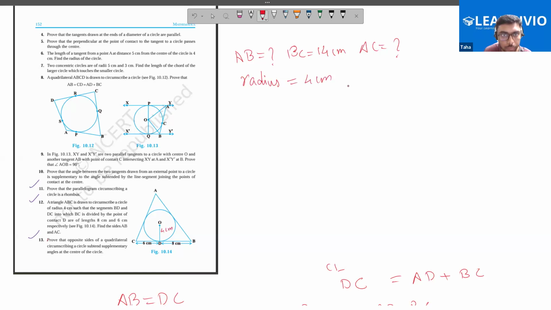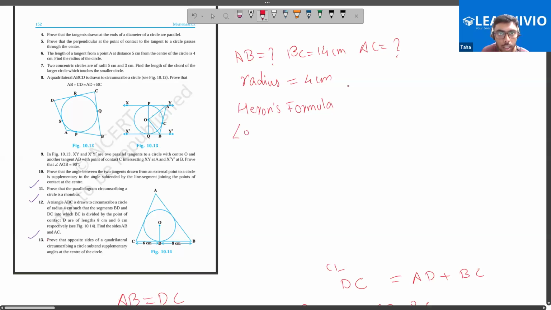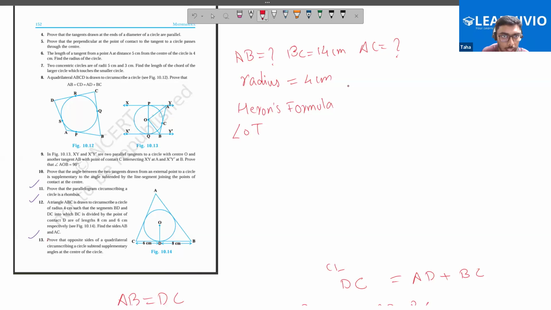Now, how do we go about it? Last time when we did that, we roughly have an idea that we will be using Heron's formula, and then we will also be using the concept of length of tangents. All right, and we'll be making a few triangles here.